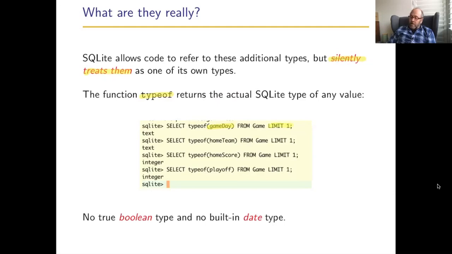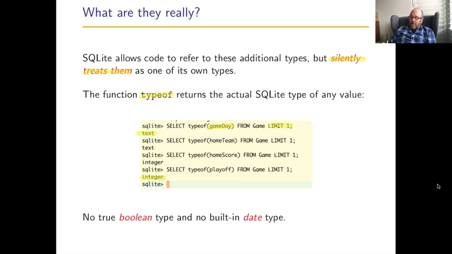And so the date field gets translated to a text field. The Boolean field gets translated to an integer. And the things that were declared to be text are text, and the things that were declared to be integer are integer.